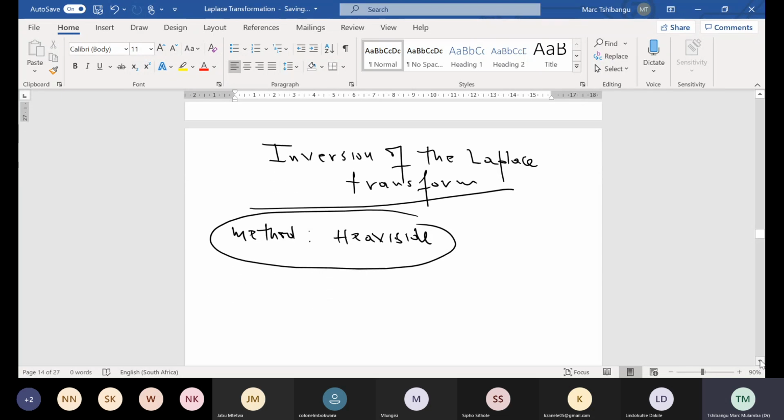This method or approach is also called the partial fraction expansion.